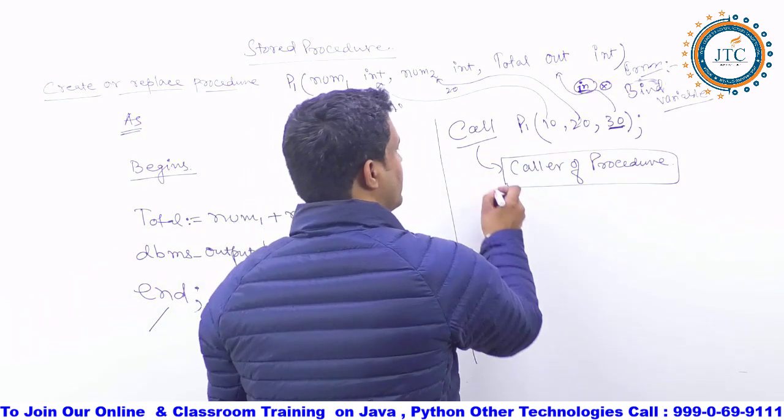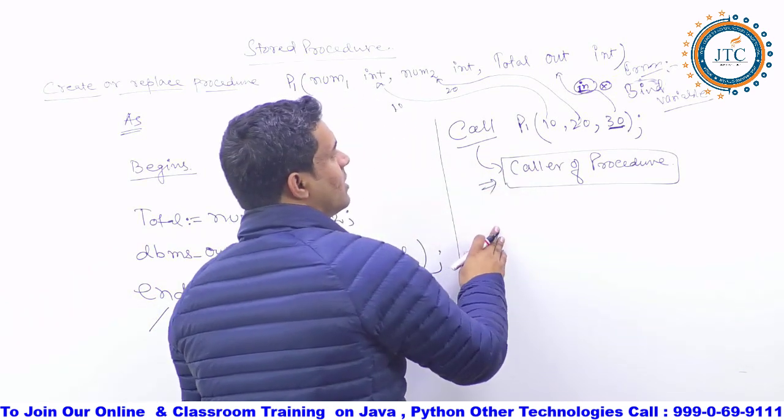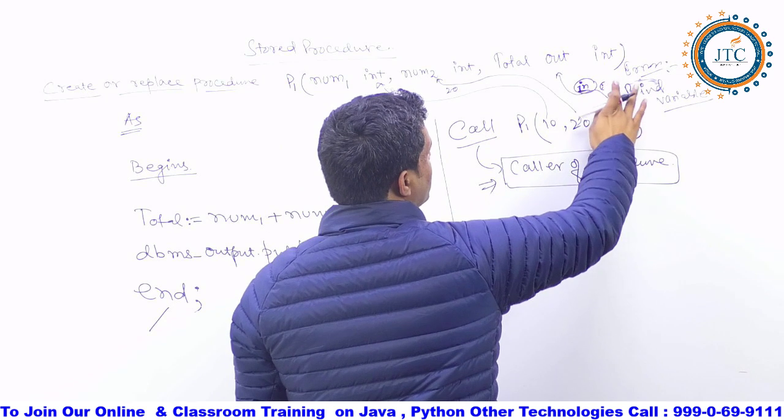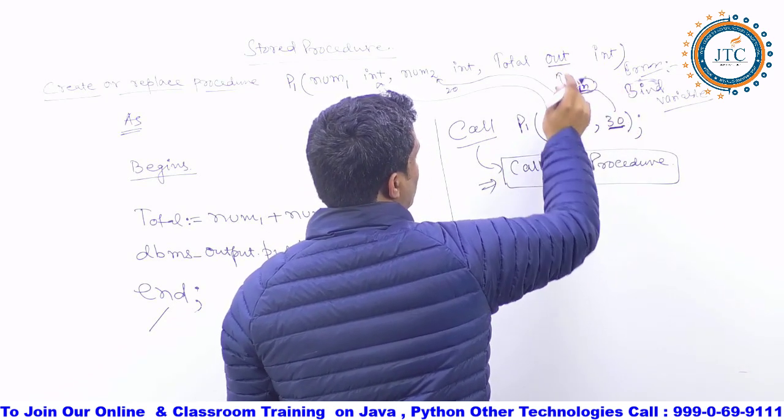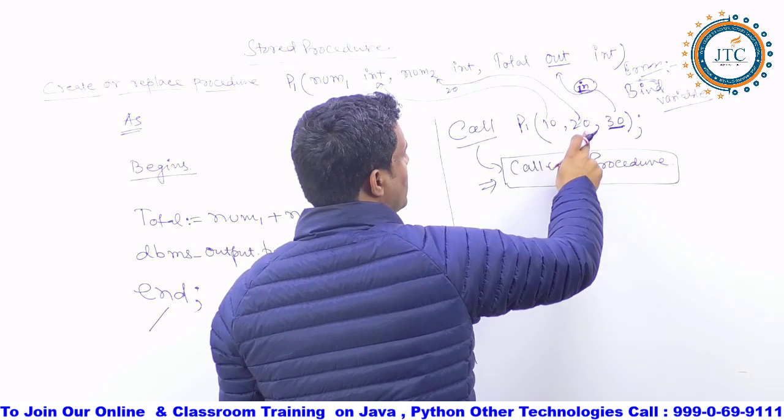Since we have this one as a caller of a procedure, in this case out is there, 10 is there, 20 is there.